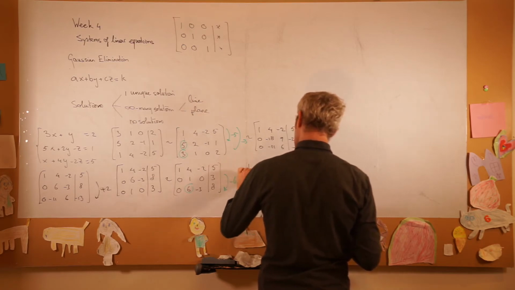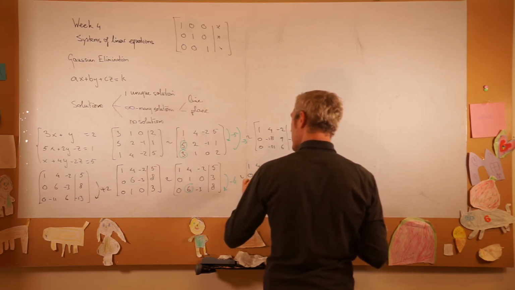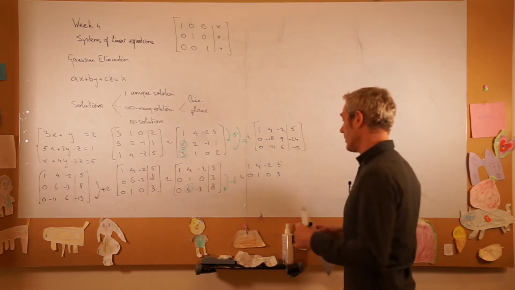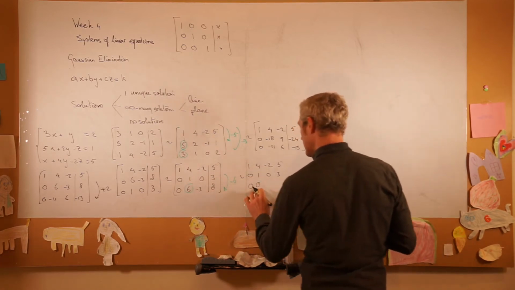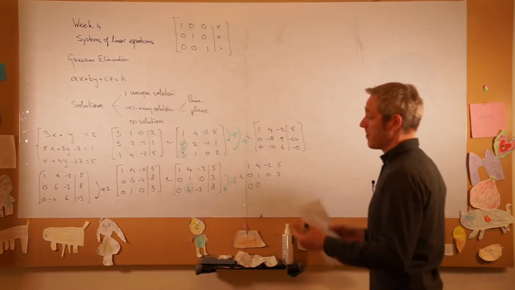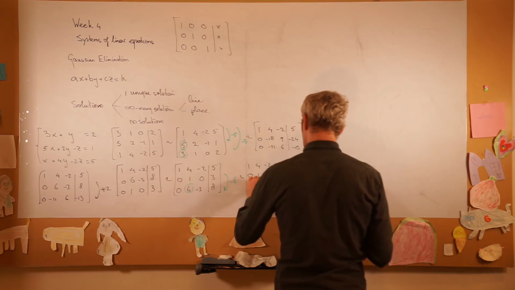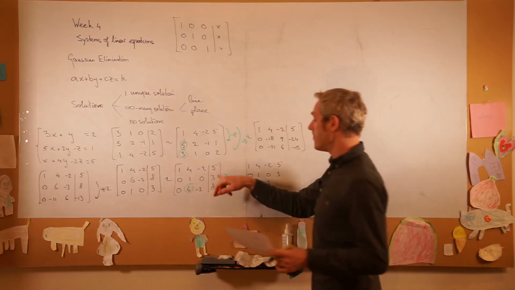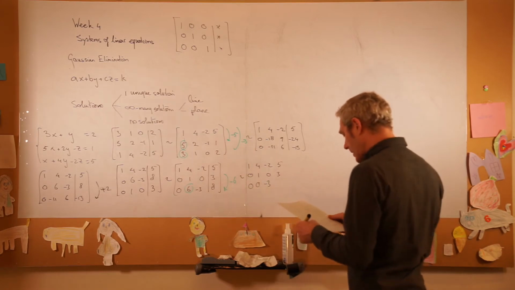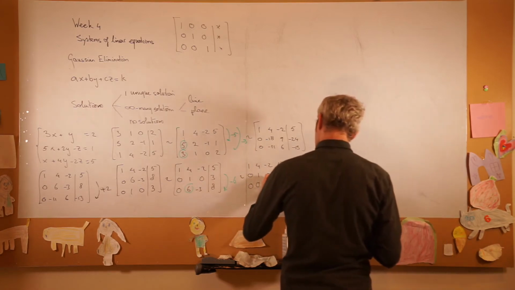The second row stays the same, 3. And so 6 minus 6 times 1 is 0. So that's this 0. Minus 3 minus 6 times 0 is still minus 3. And 8 minus 3 times 6 equals minus 10.